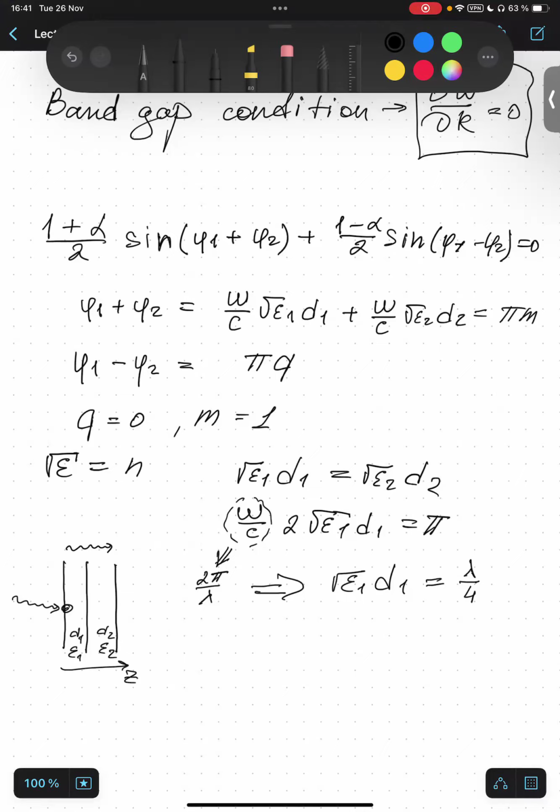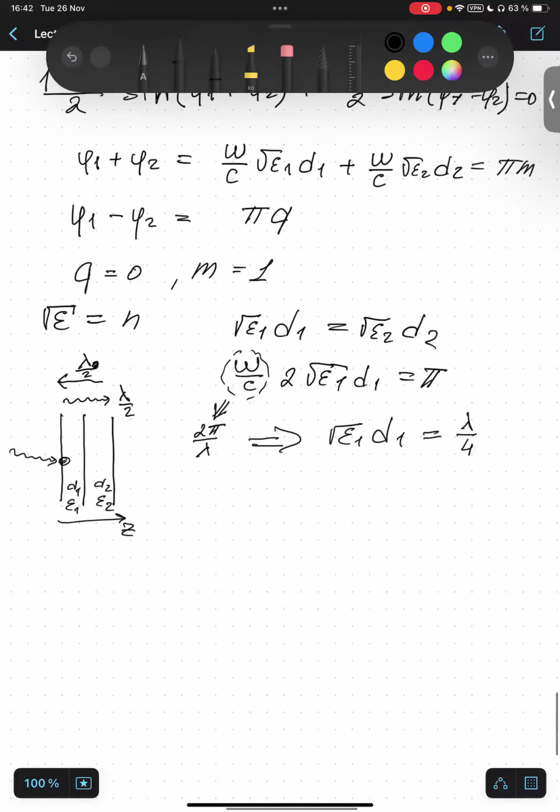It's like lambda over 2 traveling in the right direction, and lambda over 2 traveling in the opposite direction. It means that in this point we have constructive interference.